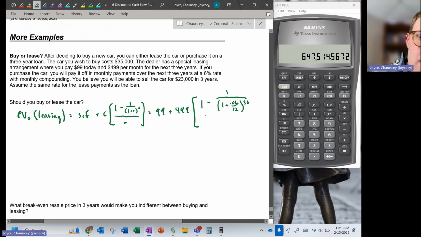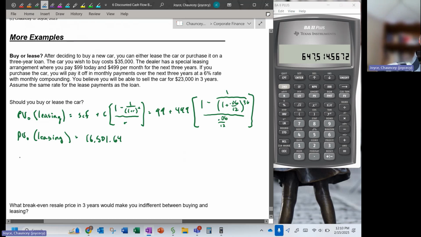That's 3 times 12, over 0.06 over 12. So if you did this correctly, the present value today of the lease is going to be $16,501.64.